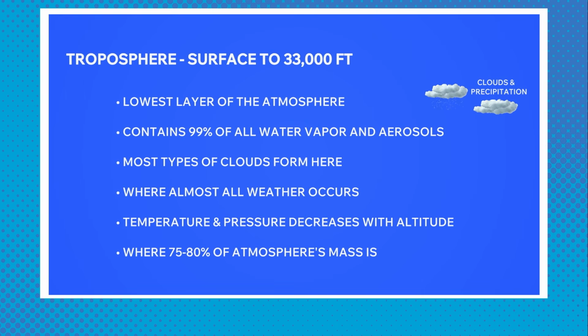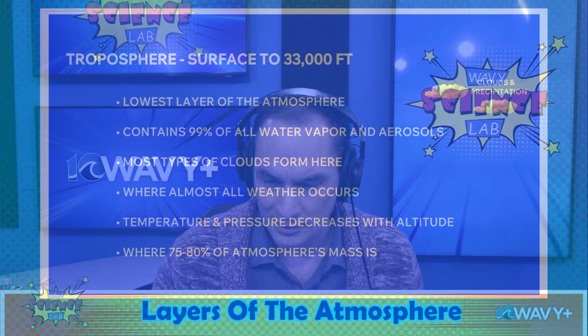It's the lowest layer of the atmosphere, and contains 99% of all the water vapor and aerosols. Most types of clouds form here, and a little bit forms into the stratosphere, the second layer, but most of them form here, and it's where almost all the weather occurs. So when we talk about thunderstorms, things like that, this is the layer where it happens.